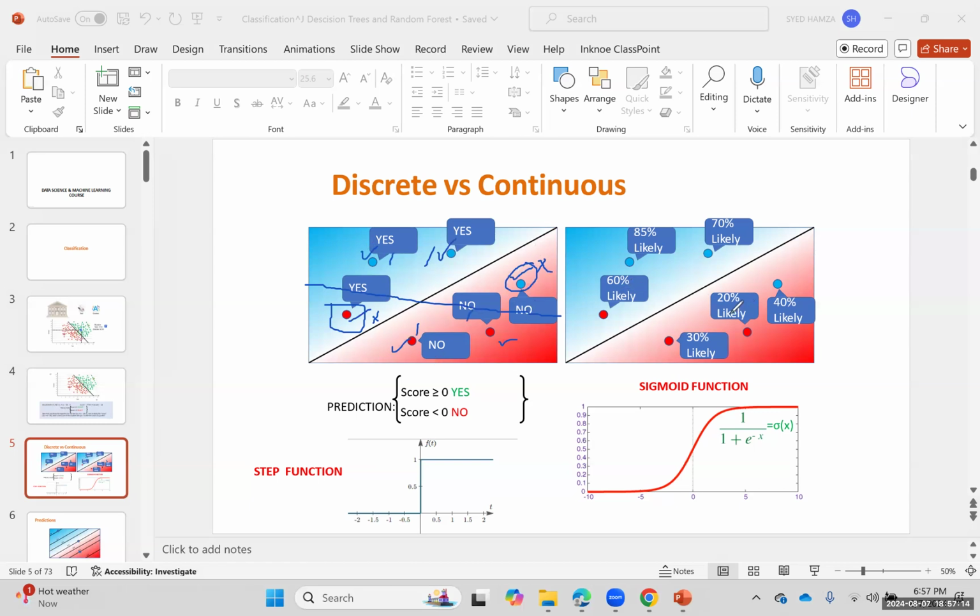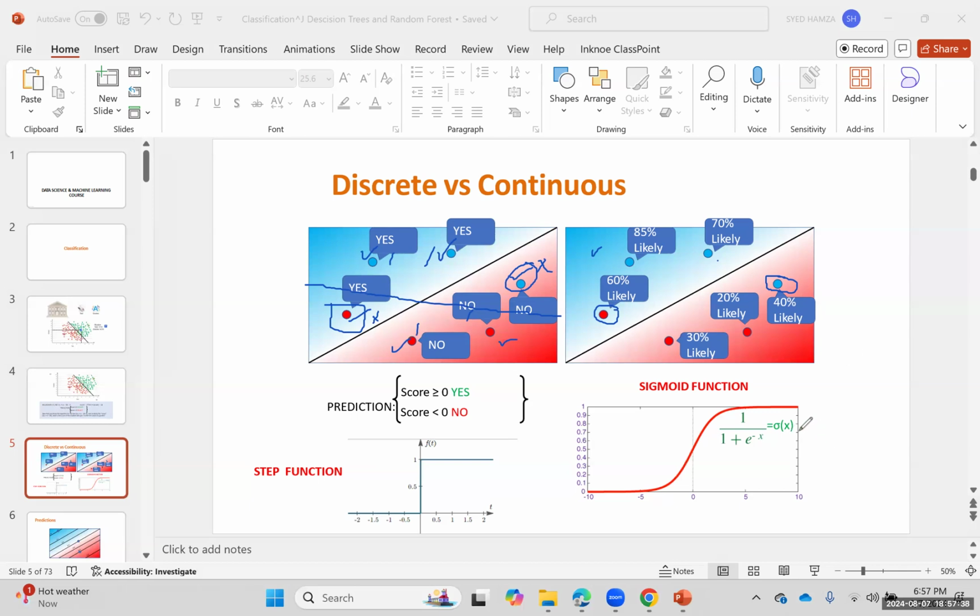Similarly, if the data is based on probability and percentages, you will see the percentage instead. So even though it's 60% likely to be in blue, it was originally red, and it was 40% likely to be positive, so it predicted the negative class. So it also depends on how we measure the performance of the prediction.